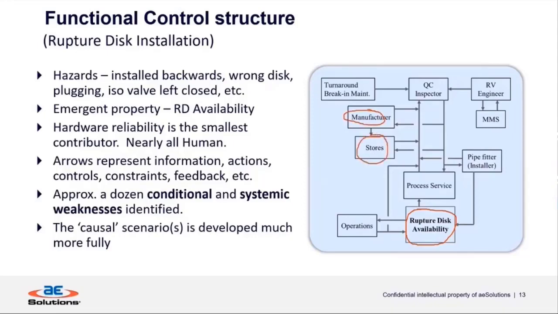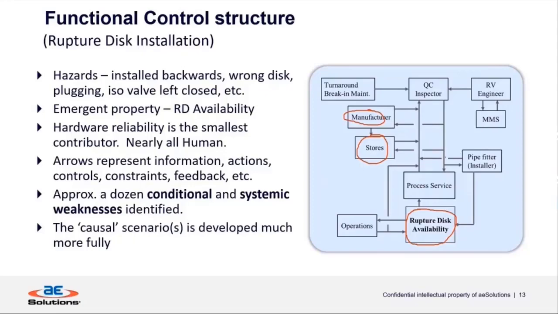There's a stores interface. There was a finding with stores. So all of these components to the control drawing, you're not going to find these on a PID. And when the study was done, there was approximately a dozen conditional and systemic weaknesses identified.